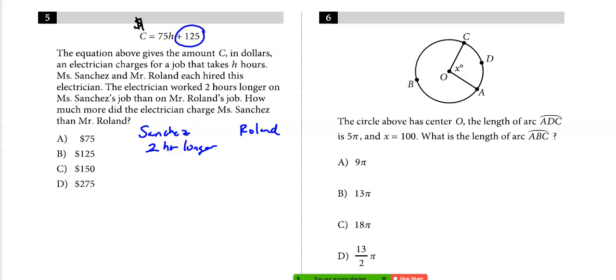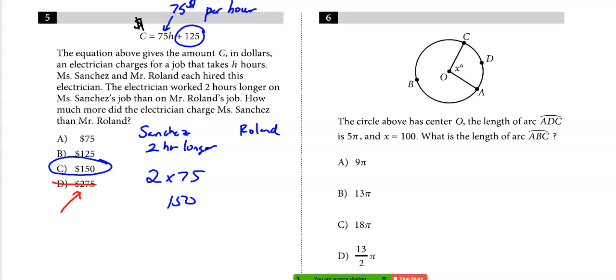But it looks like I can interpret this. This is $75 per hour. All right. So if Sanchez's job is 2 hours longer, it's going to be 2 times 75. It's going to be $150 more dollars. If you made a mistake and you chose D, you found the total price of a job with 2 hours, but that wouldn't be right in this case.